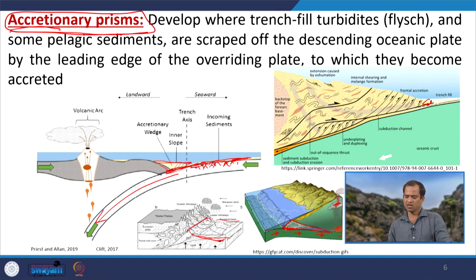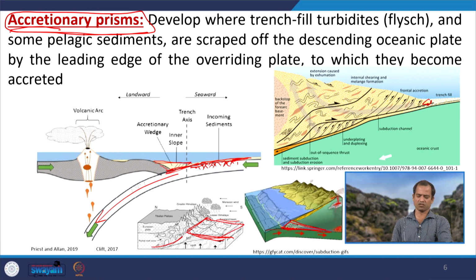Once it is added at the lower side, gradually the thickness of this accretionary prism increases from the lower side. That is why it is called the accretionary prism, because it accretes sediment from the front as well as from the base. Equivalent to that accretionary prism, we have the foreland basin.